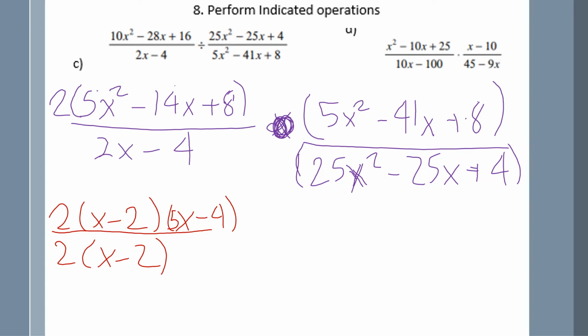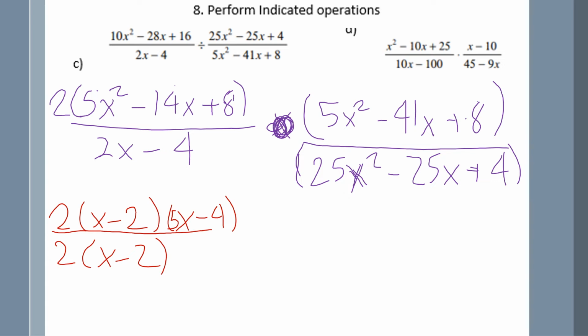A times C in the numerator is what? 5 times 8 is what? 40. So x squared minus 41x plus 40.